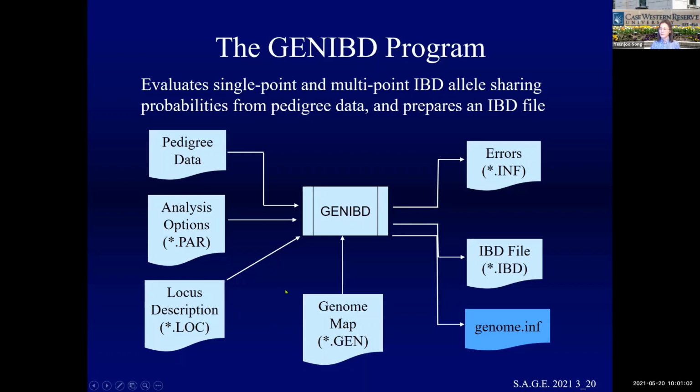Using those, GenIBD does the IBD analysis and then gives you the INF file again, and something called the .IBD file. This is the file that has the IBD statistics, IBD values from the pairs, those 5 different pair types that we just talked about. And since we use the genome map file and the locus description file, it will automatically generate the genome.inf file as well.